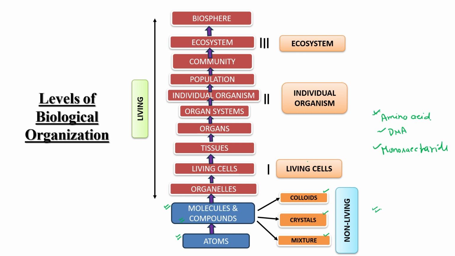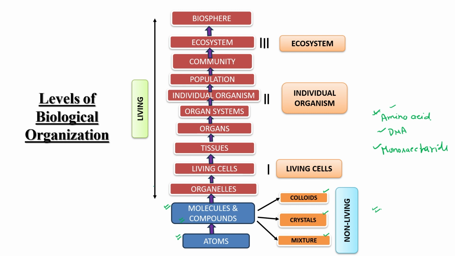So if molecules are of these types, when they come under the living system category, without which the living system is not able to perform its basic functions, that time we can use the term biomolecule, because these biomolecules are essential for the basic function of a living cell.